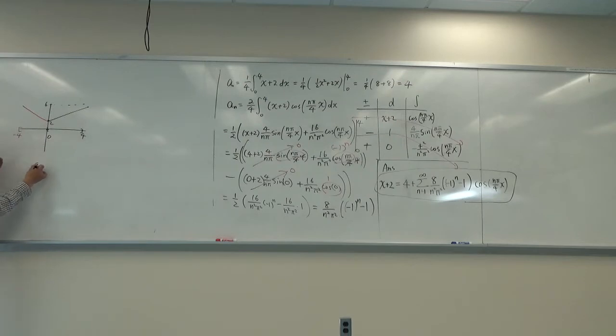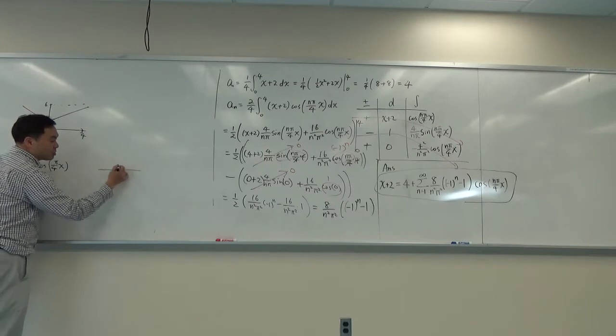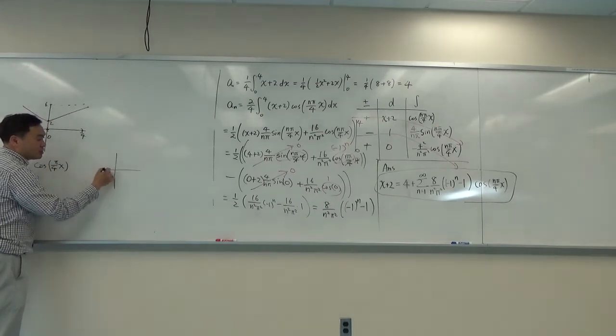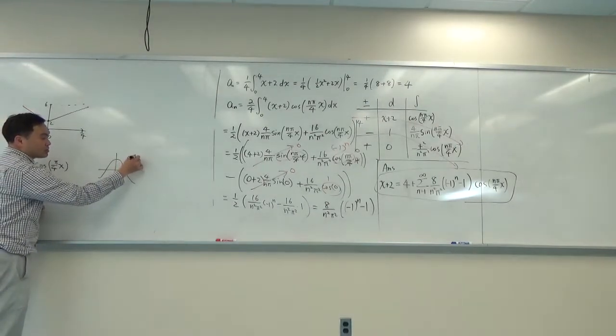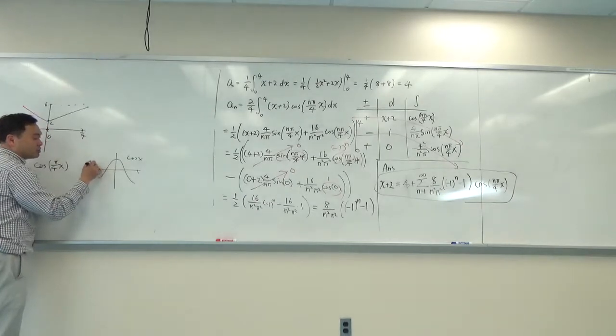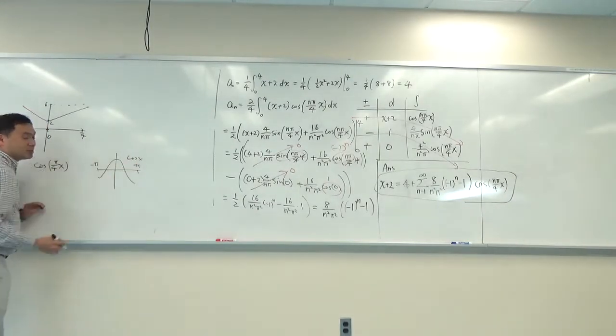So cosine of pi over 4x will have the period from -4 to 4. So just to reiterate what I explained yesterday, multiplying by pi squashes everything, and because just cosine x is one period from -pi to pi.